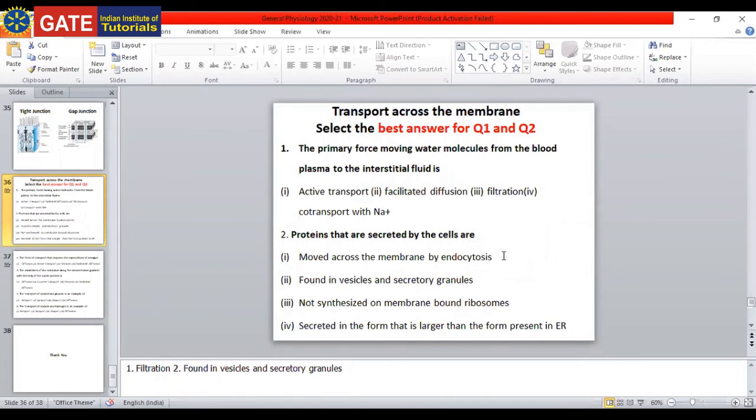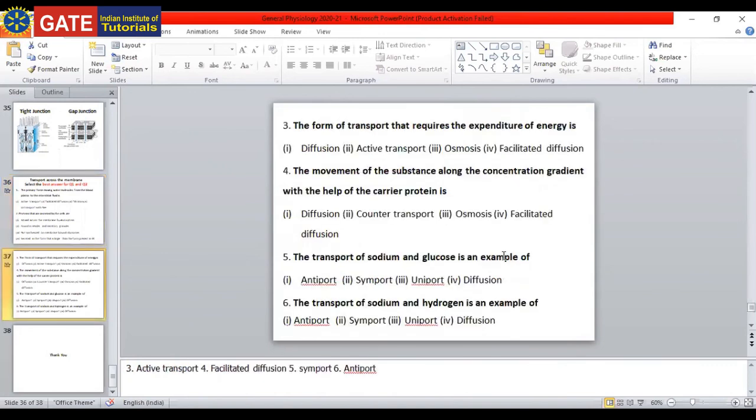Filtration, very good. That's what I told you. Whenever we have proteins, they will prevent it. Proteins that are secreted by the cells, I didn't cover this for you all, are found in the vesicles and the secretory granules.